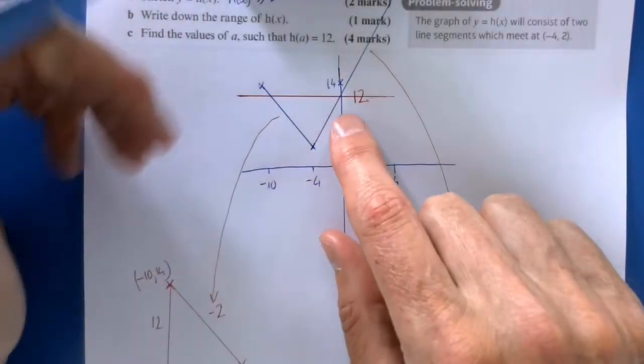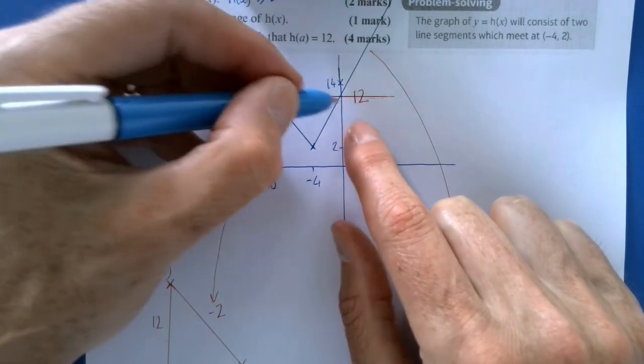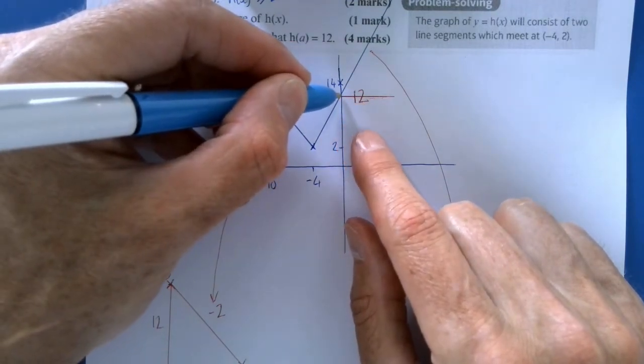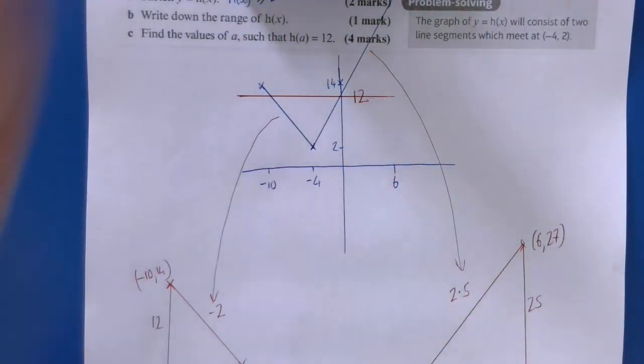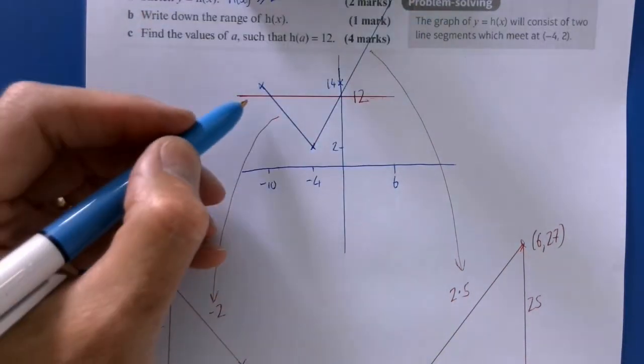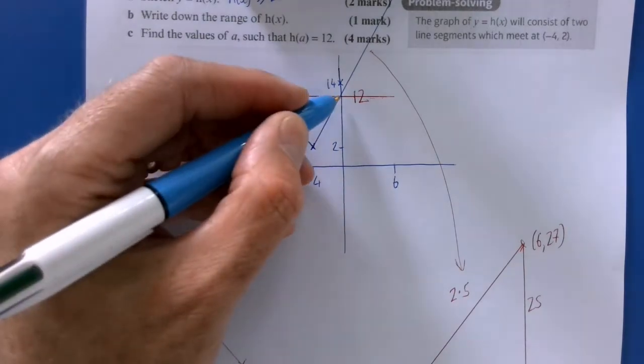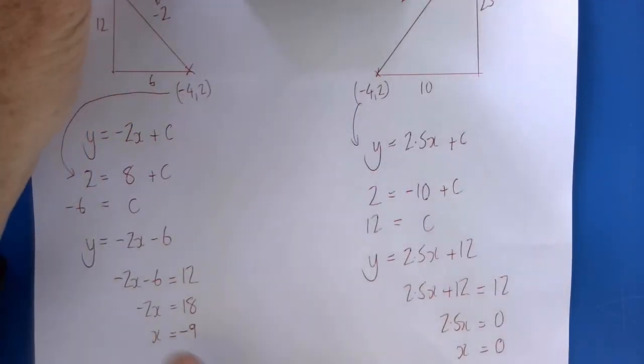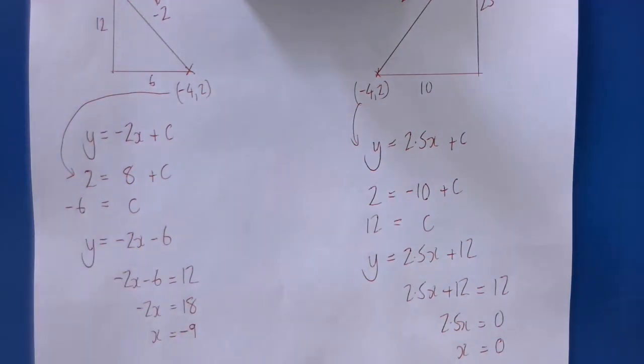So I was quite pleased with myself, because actually, although this diagram was pretty clunky, it does look like it's intersecting fairly close to the axis. So the two solutions are that this funny straight line crosses this line when x is -9 and when x is 0. Those were the two solutions. Well done if you used that way. Well done if you came up with a solution of your own.